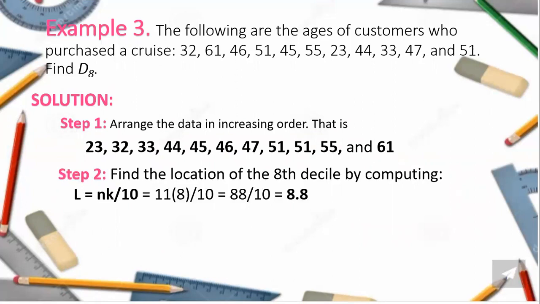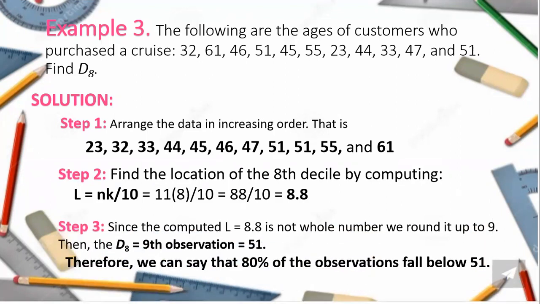Next, we find the location of the 8th decile by computing L equal to nk divided by 10. Again, the number of observations is 11, times 8, divided by 10. So we have 88 divided by 10, which is equal to 8.8. Thus, our L is not an integer, so we round it up to the next higher integer, which is 9.